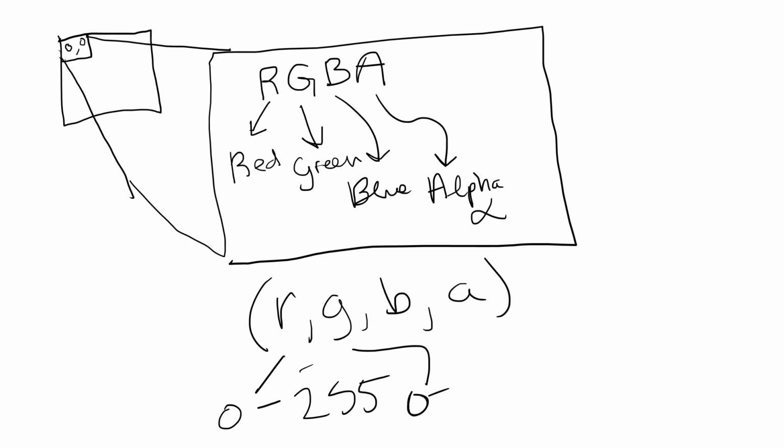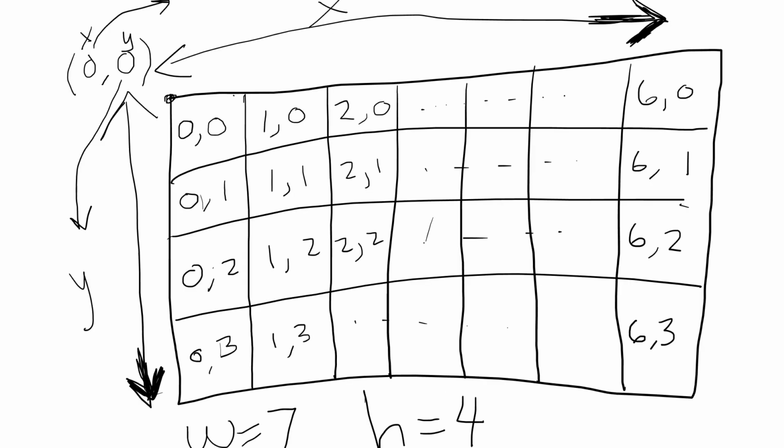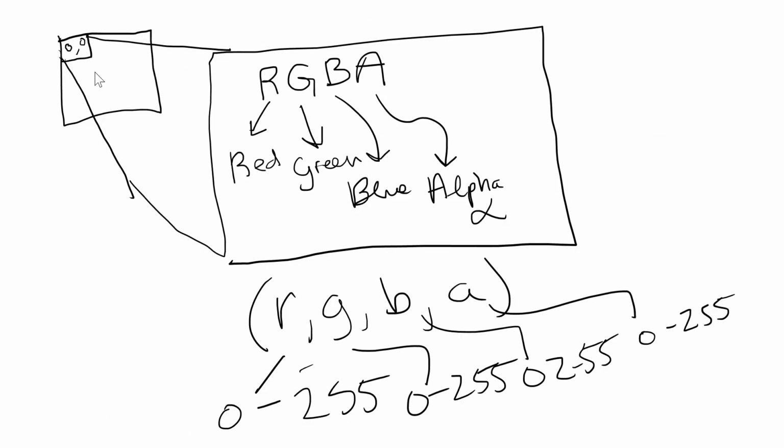So green is 0 to 255, blue is 0 to 255, and then alpha is 0 to 255. So for each of the pixels that we talked about in this first slide, if we take pixel 0, 0, so x equals 0, y equals 0, that has a value in and of itself, which is a color. And that color is represented by 4 items in a tuple, a red, a green, a blue, and an alpha value.